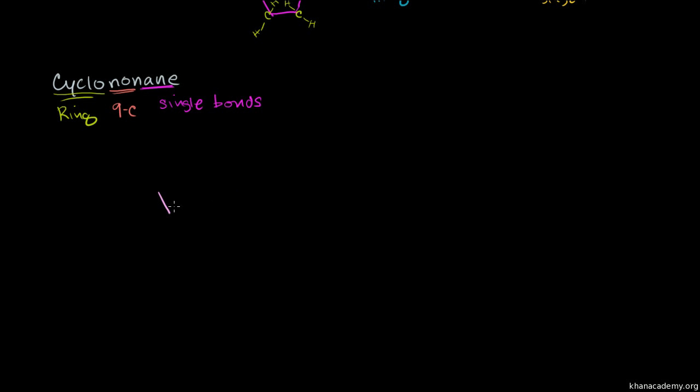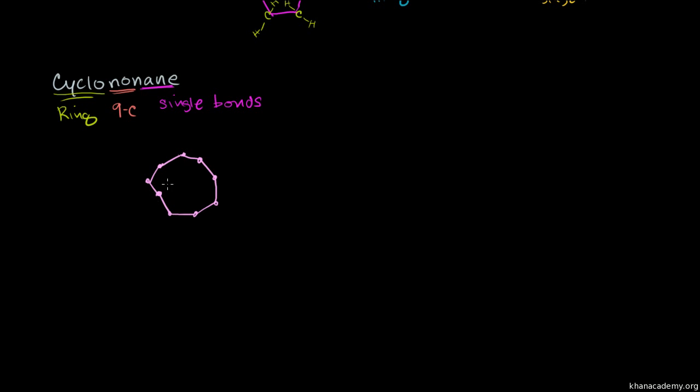I have 1, 2, 3, 4, 5, 6, 7, 8, and then 9, and then you can connect the last 2. I could have drawn it better than that, but hopefully you can see all the edges here. So I have 1, 2, 3, 4, 5, 6, 7, 8, 9 carbons.